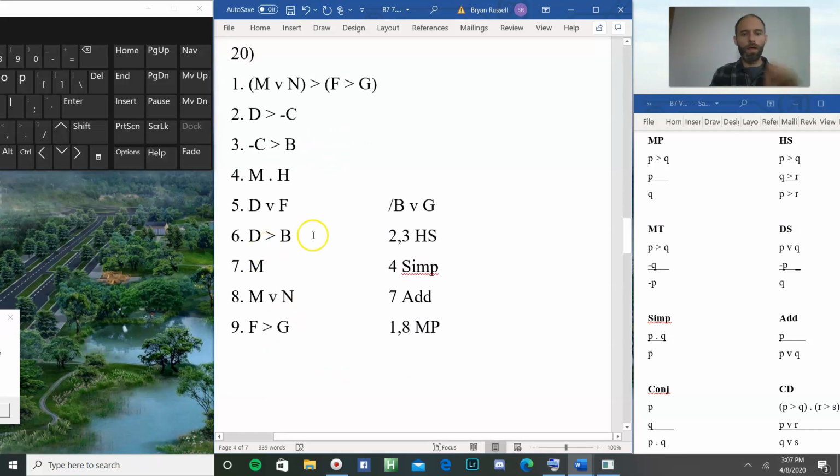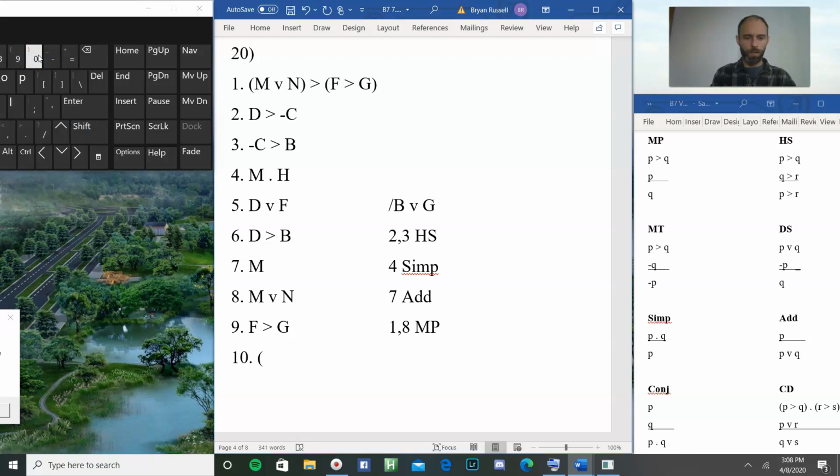And now that we have, recall what we were looking for was D horseshoe B, and when we got that, and then we also wanted F horseshoe G, and now we got that. So if we conjoin these conditional statements, then we'll have our constructive dilemma fully arranged here.